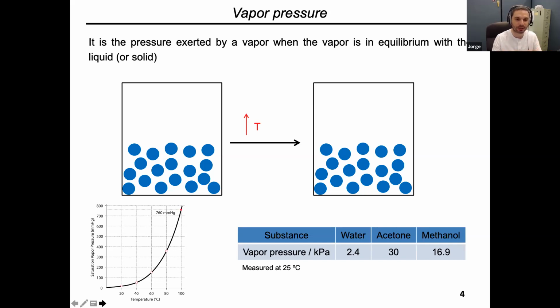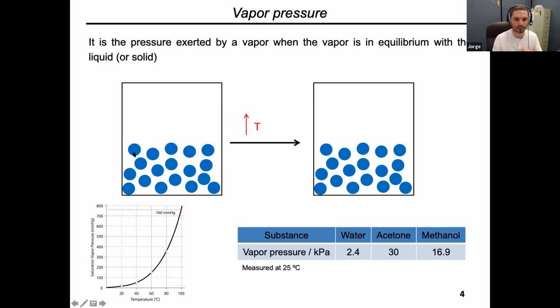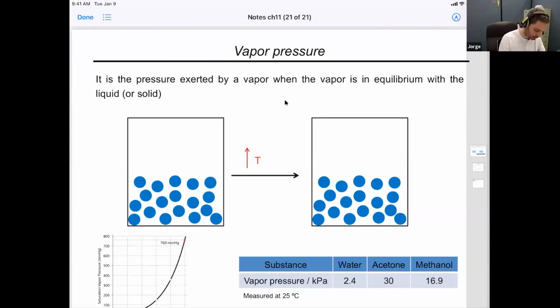Imagine here that we have a closed flask and we filled this flask with, for example, water. Okay, so what should happen with the water molecules when they are in a closed flask?